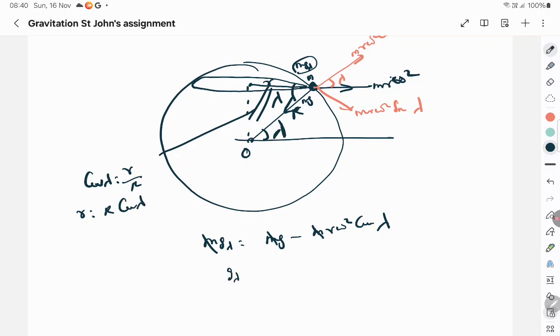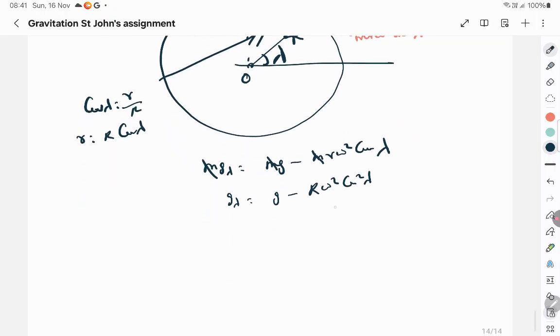So then g lambda is equal to g minus R omega square cos square lambda. You get another formula, which is a very important formula. And if you want g minus g lambda, you take it to the other side, R omega square cos square lambda. This is the formula to find the difference between gravity on the surface and gravity at a particular latitude.